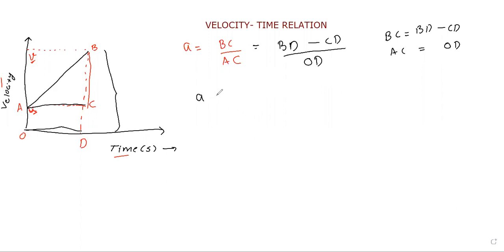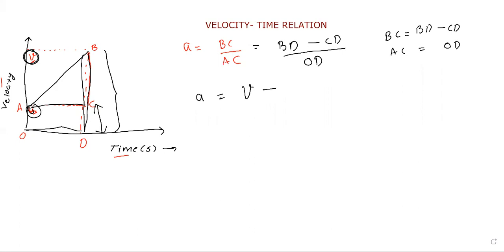So a equals, what is BD? Here BD means this height, which you can measure as v. So BD can be replaced by v. What is CD? CD means this height, which is u.